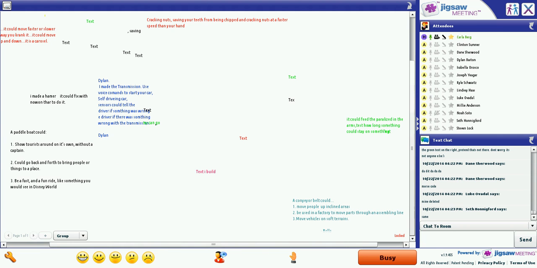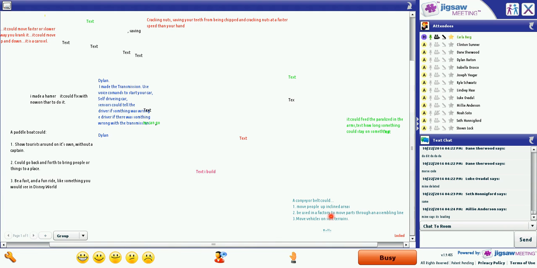If you move to the right, you will see it says it could feed the paralyzed in the arms and test how long something could stay on. And on the bottom we have a conveyor belt.